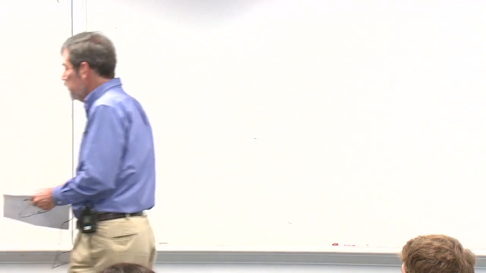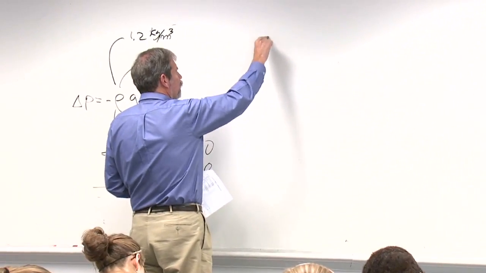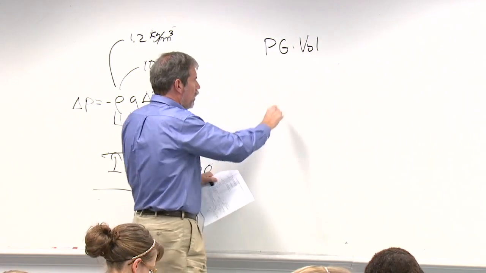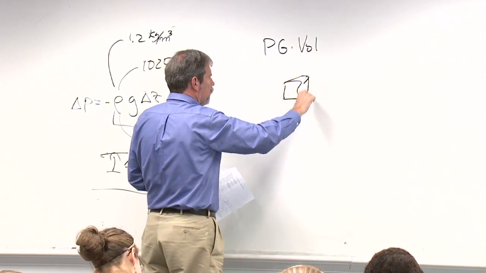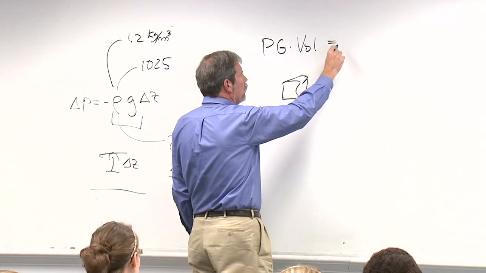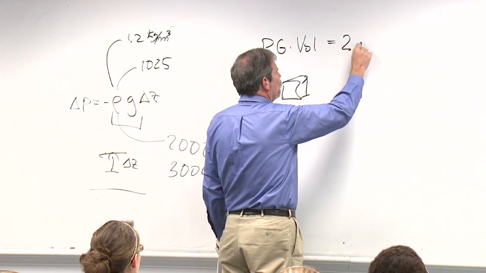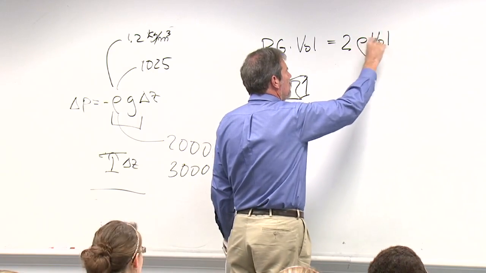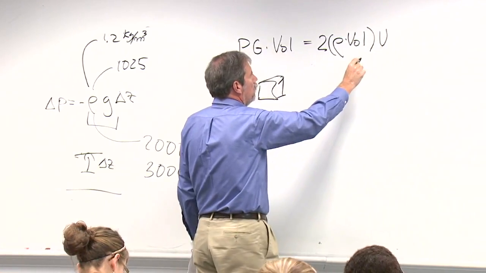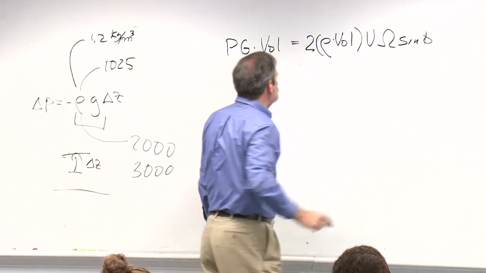Here's how we derive that. We said that the pressure gradient force was the product of the pressure gradient and the volume of some little block of air that we imagine. And then we equate that with the Coriolis force, which was 2 times the mass, which is rho times volume, times the velocity of the object, times the rotation rate of the Earth and the sine of the latitude.